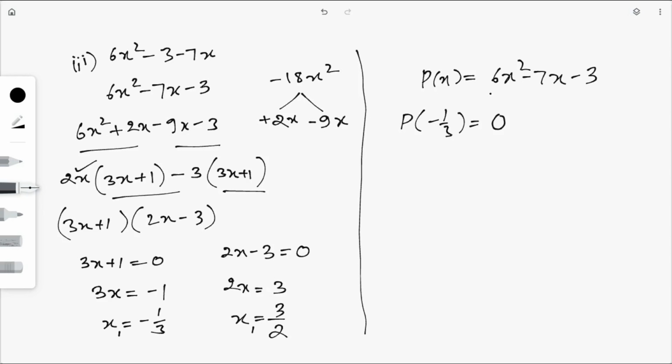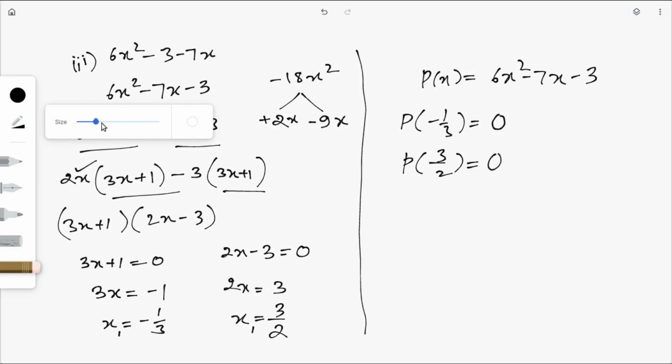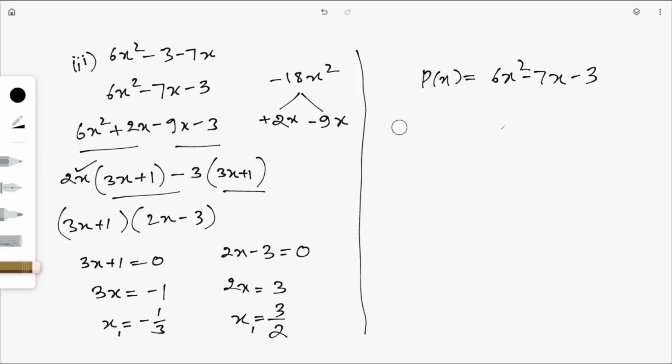Right? If you want, you can just cross check. Substitute this minus 1 by 3 here, definitely will get 0. Either minus 1 by 3 or 3 by 2. Because that's what the 0 of the polynomial means. Fine. So the verification and all is not required here. If you want, you can cross check these two later.